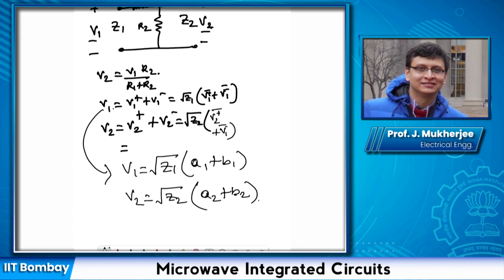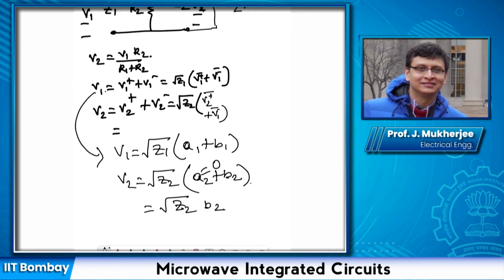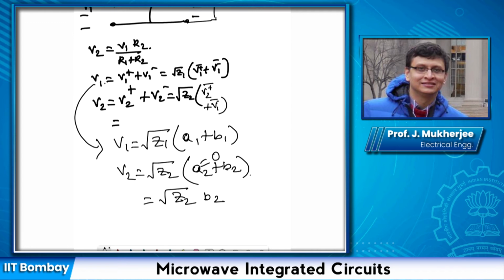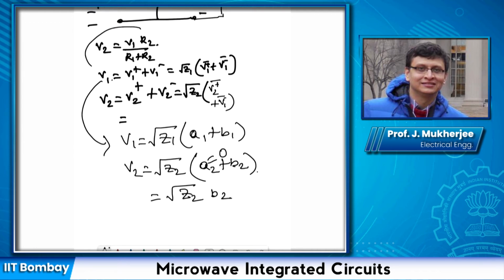And then if we connect a matched load here, that is Z2, then A2 will be equal to 0, so this will reduce to Z2 B2, okay. Then for V2, if we use this relationship, we will get a relation between these two equations, and so we will relate A1, B1 and B2.